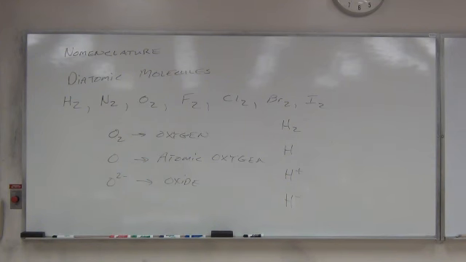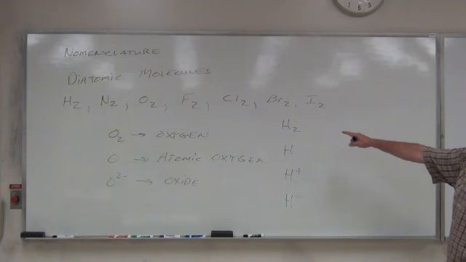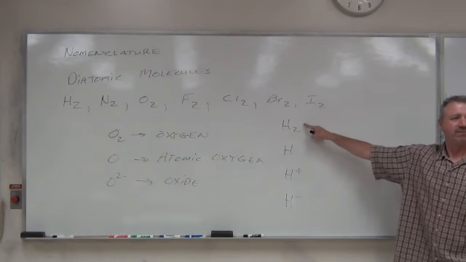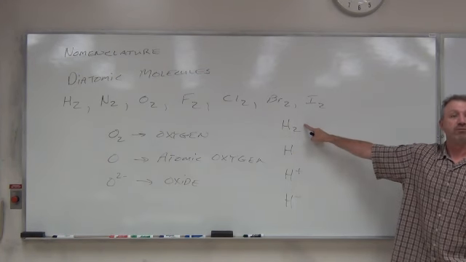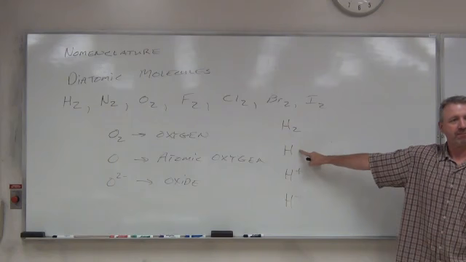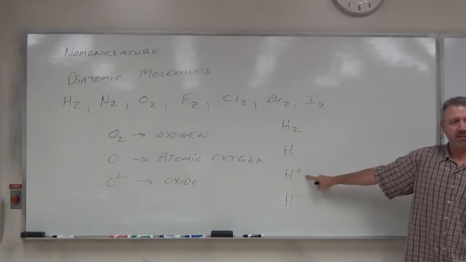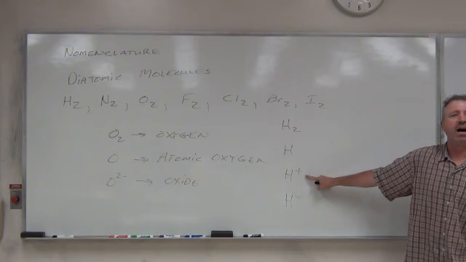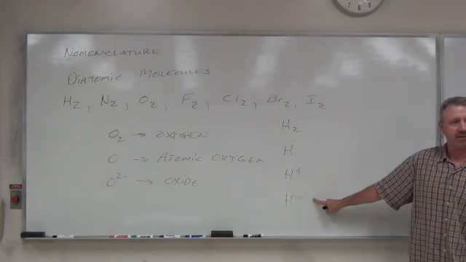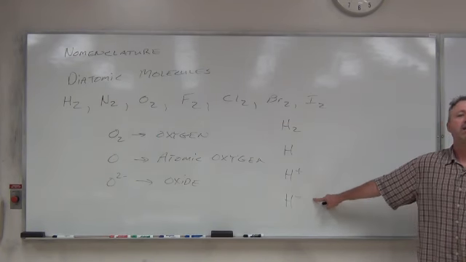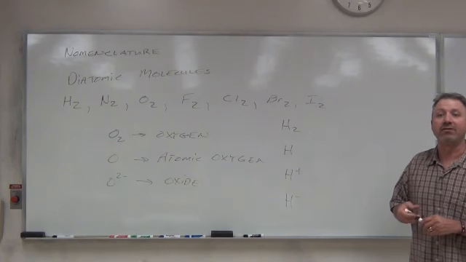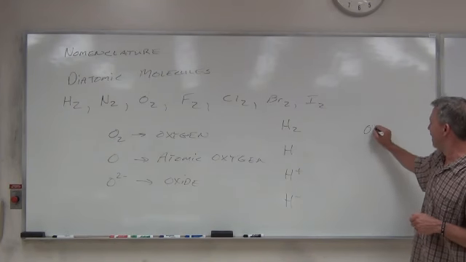Usually you can get the first three, but the last one's a little tricky. What's this? Hydrogen. What's this? Atomic hydrogen. What's this? Hydrogen ion. What's this? It's hydride. Hydroxide is this.